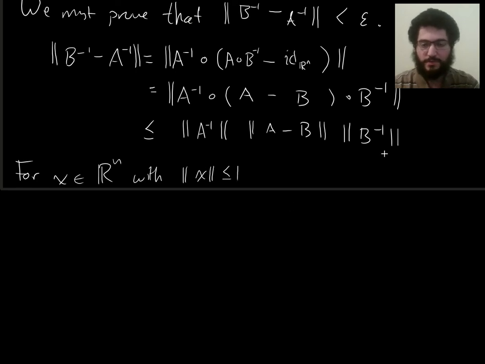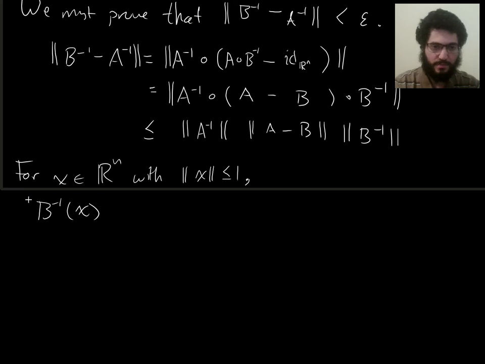Remember, the norm of B inverse is the maximum value of the norm of B inverse applied to x for all x's like this. We have B inverse x norm, and this is going to be kind of tricky. So this took me a little while to fiddle around with and figure out how to get this to work.